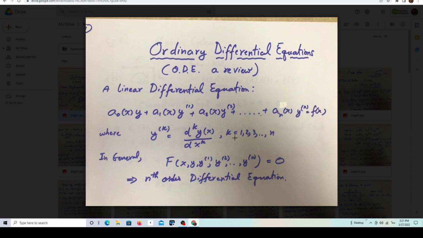Actually k can start with 0, which is the zeroth order, so no differentiation at all. So 0, 1, 2, up to the nth order. We can also write this type of equation in general as a big function of x and y, with the zeroth order, first order, second order, up to the nth order, equal to 0. Equal to 0 means that we move f of x to the left hand side.